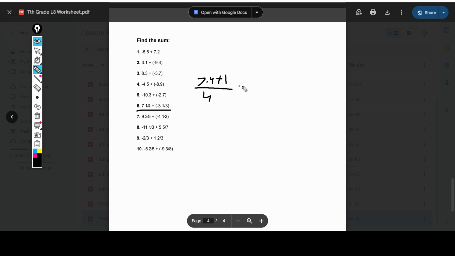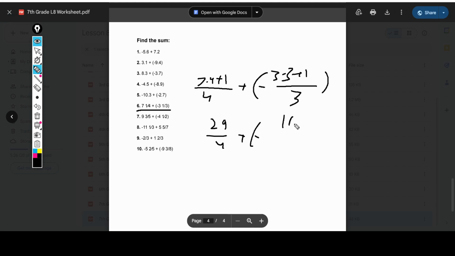And 3 1/3 is equal to 3 times 3 plus 1 all over 3. So this gives us 29 over 4 plus, in the parentheses, negative 10 over 3. And negative 10 over 3 is the same as just having minus 10 over 3.